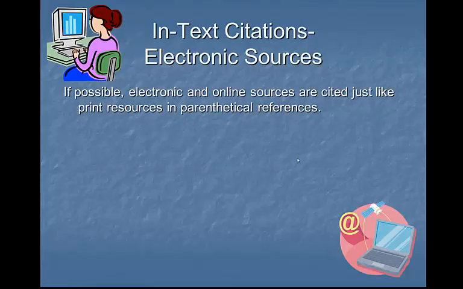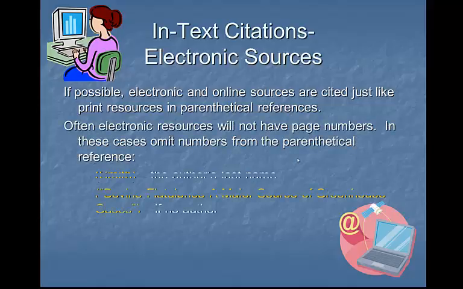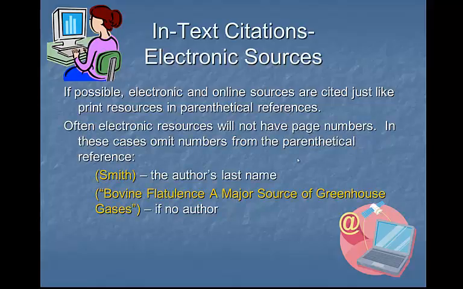Now, the sources we are using for our research paper are websites, and the problem with websites is that a lot of them don't have authors listed, and there's no page numbers because it's not a print source that has separate pages.